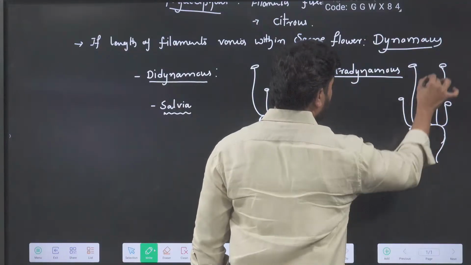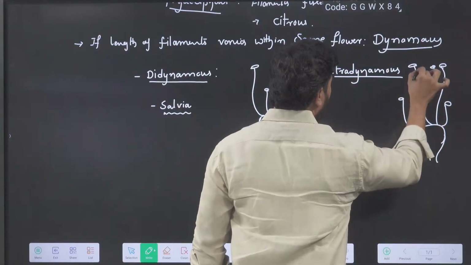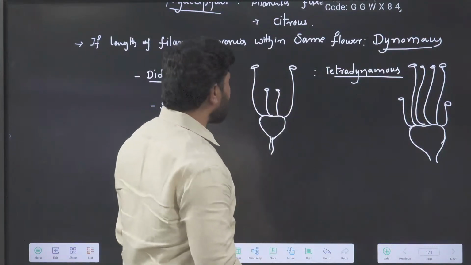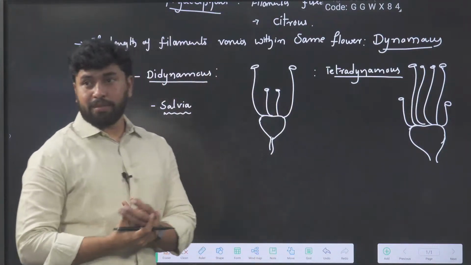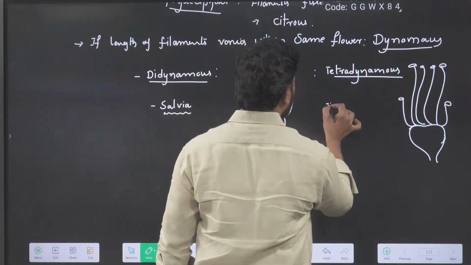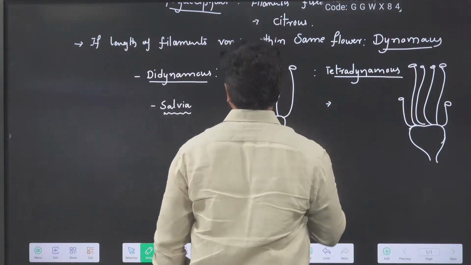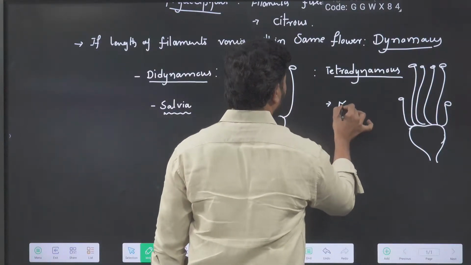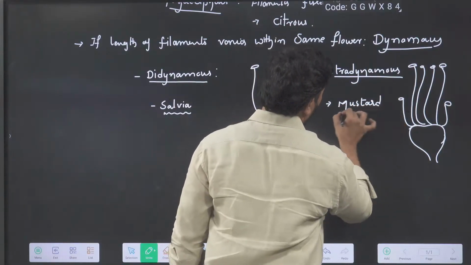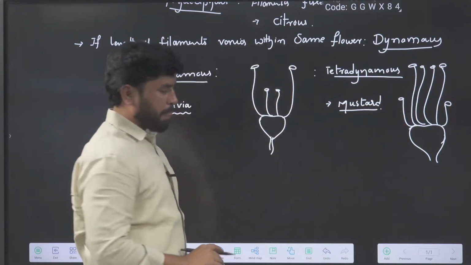Out of them, inner four are lengthy, outer two are short. This condition is called tetradynamous nature. In this one, we will identify in case of Ocimum sanctum and also mustard. Very important. Mustard. Okay?